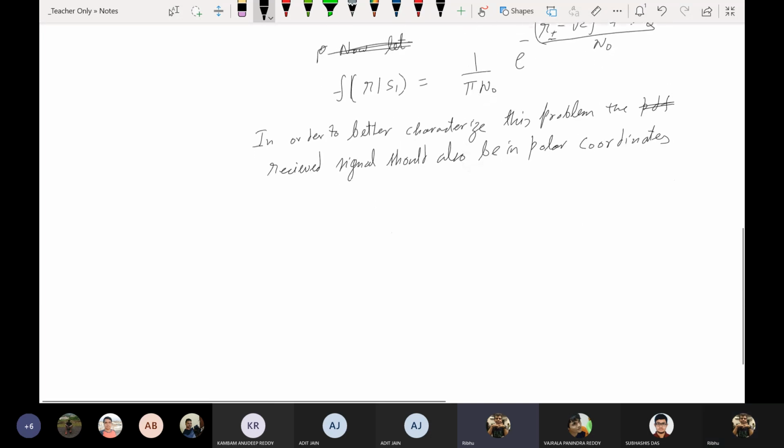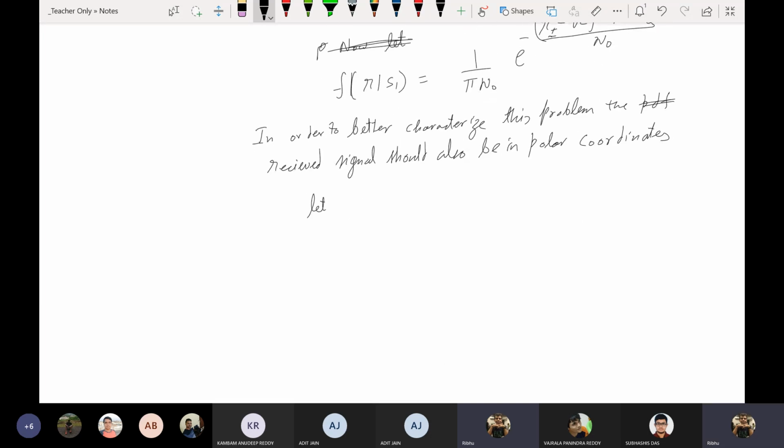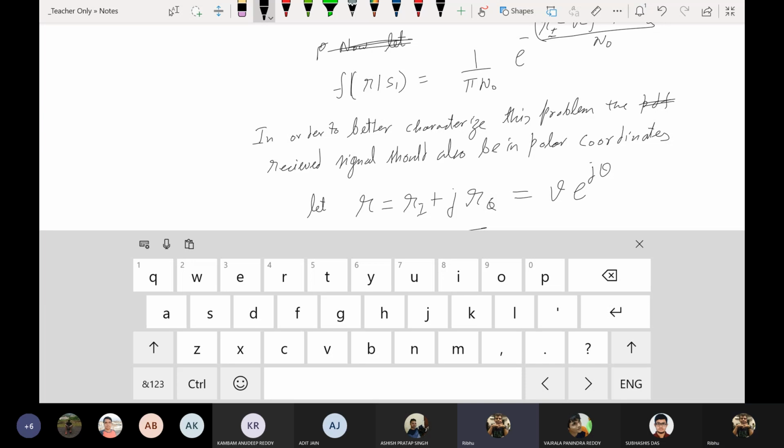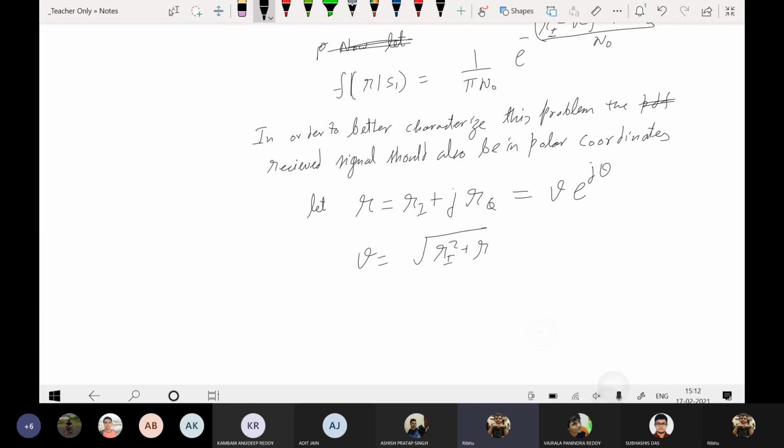So let R equal Ri plus JRQ equal V e to the power j theta. I can do this. V equals root over Ri square plus RQ square. Theta equals tan inverse RQ by Ri.